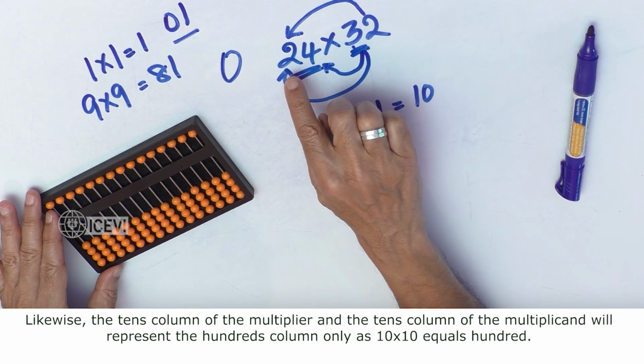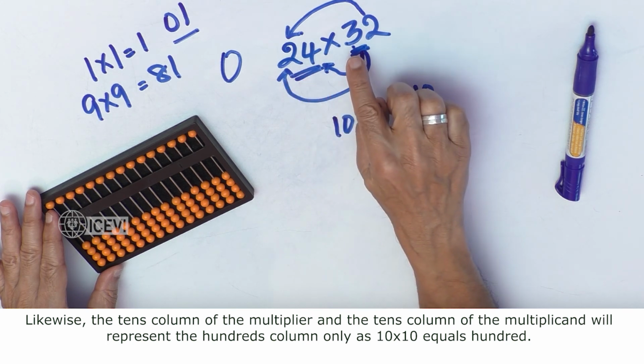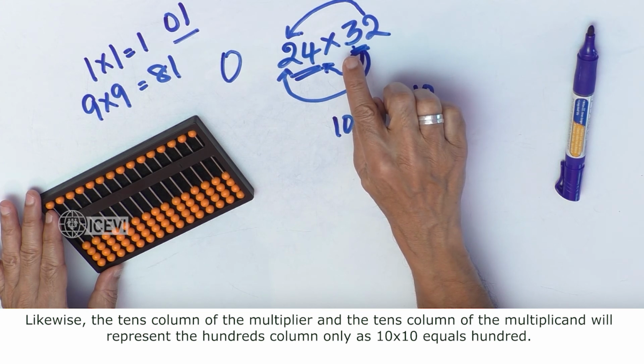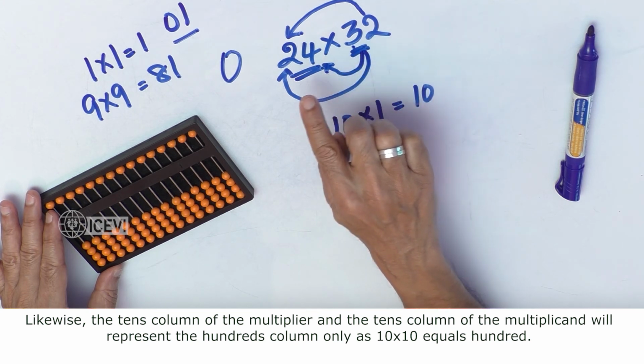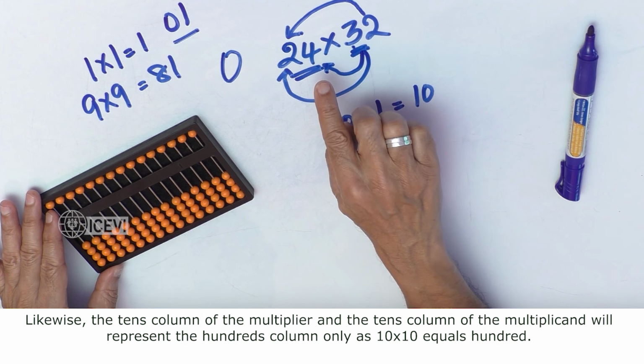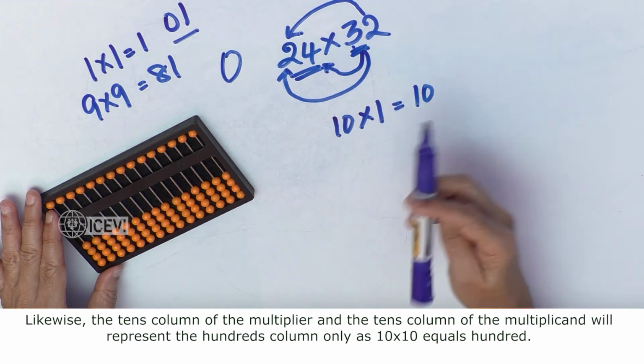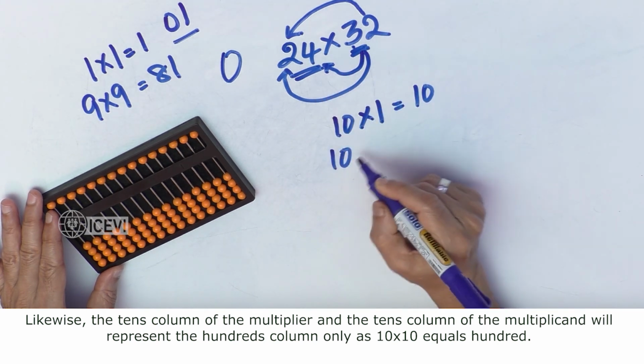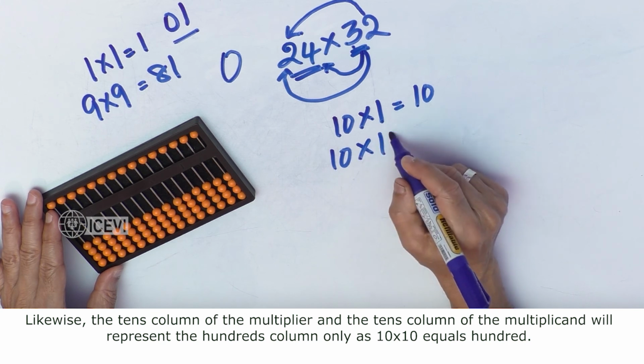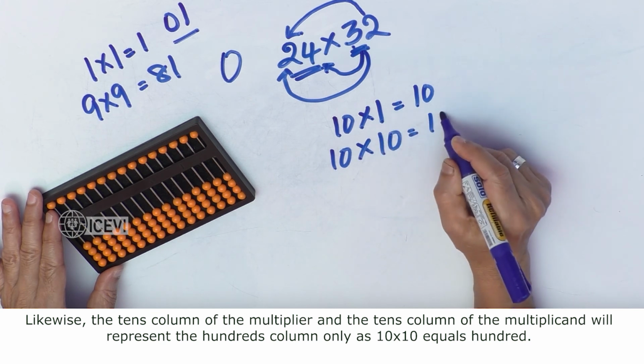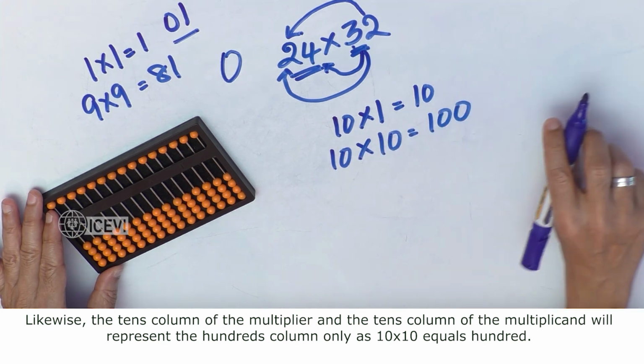Likewise, the tens column of the multiplier and the tens column of the multiplicand will represent the hundreds column only, as tens column multiplied by tens column will represent the hundreds column.